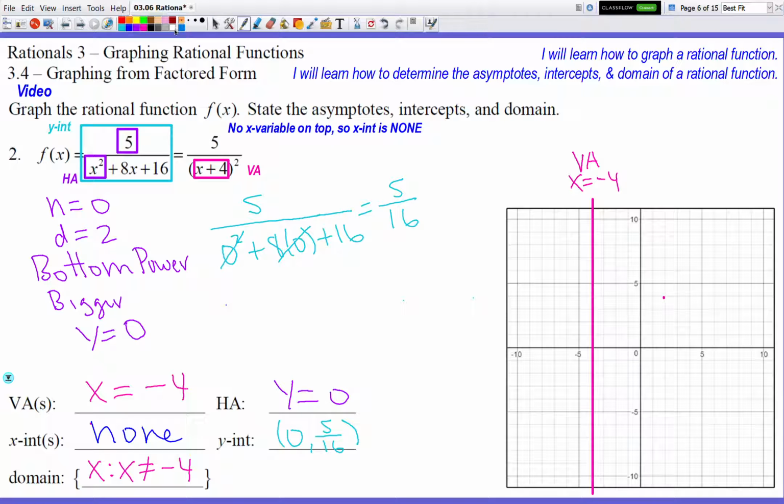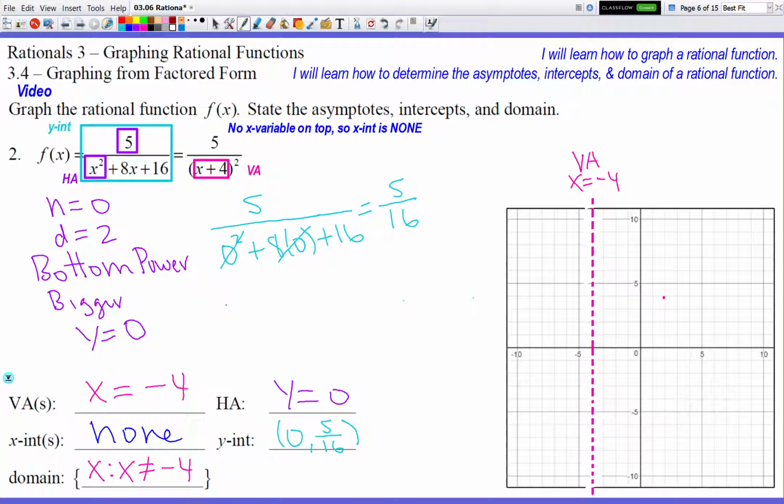So let's turn it into the white ink. Make the stylus a little bit bigger, and let's dash this line. We're going to dash it because that's how all asymptotes should appear, as a dashed line.